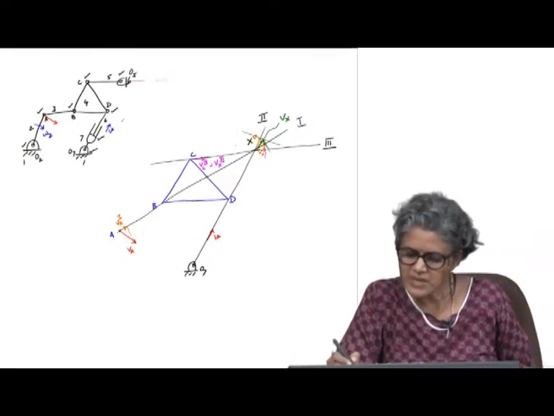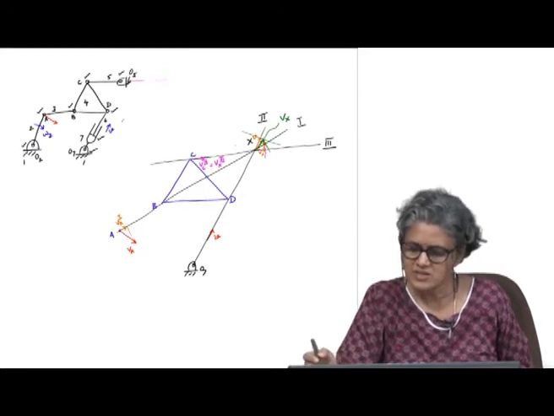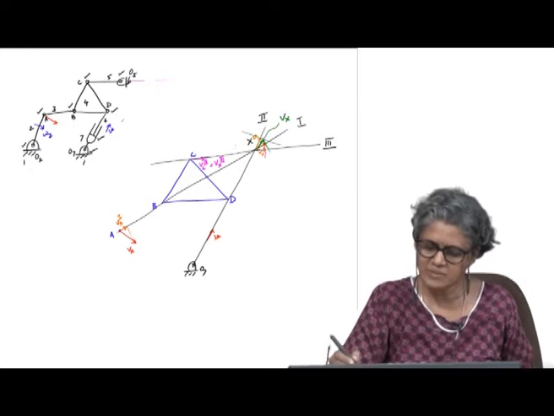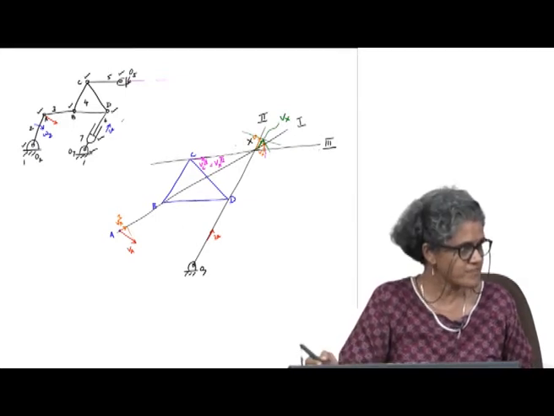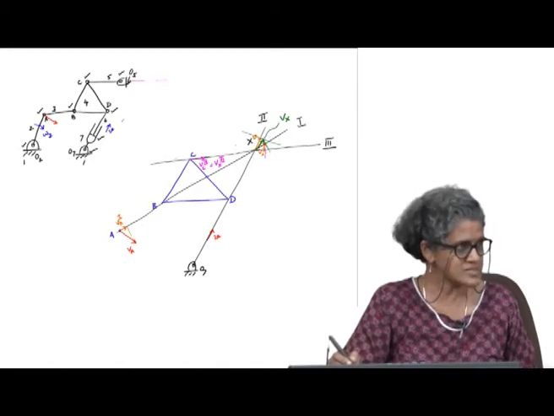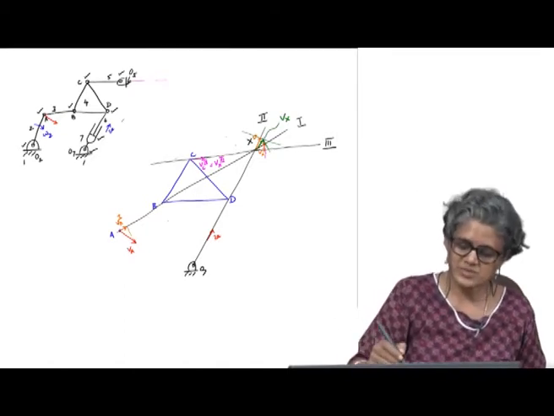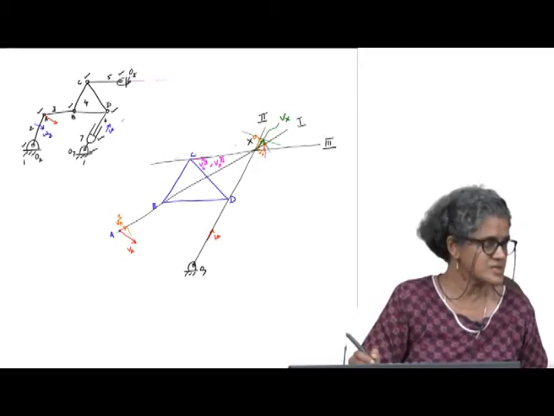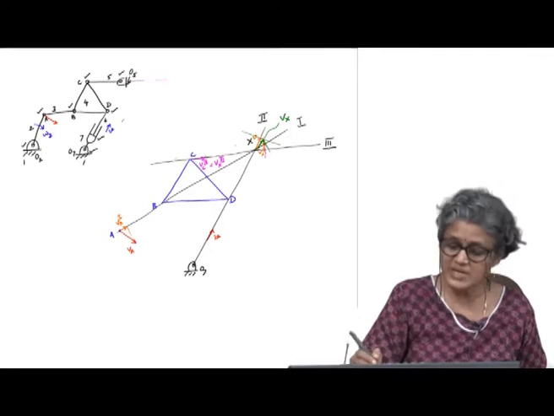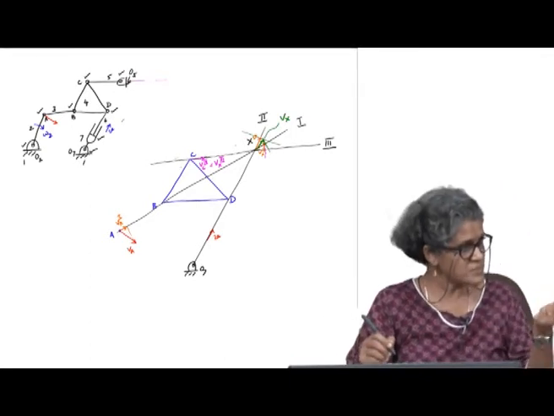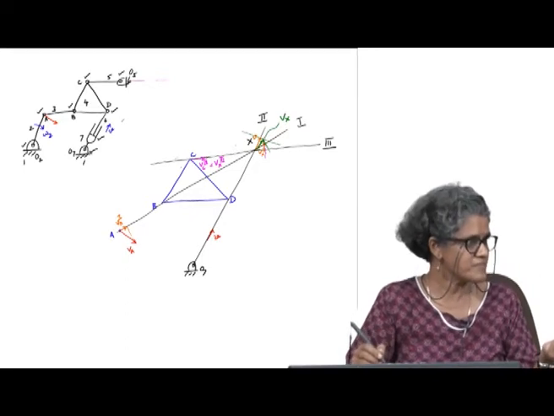Here I have taken the third auxiliary line between C and X. So I am using C directly; C is the auxiliary point in this case. There is no second line here, because I know something about the absolute velocity of C.